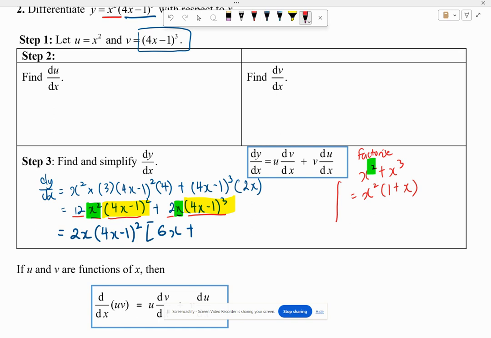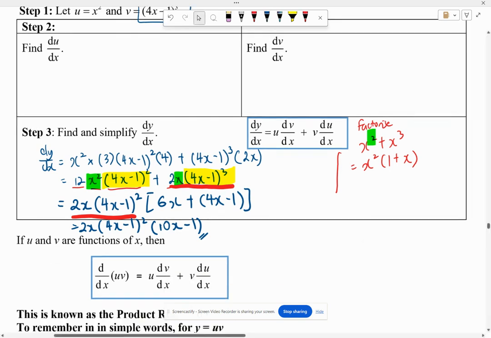Right, I'll take this one, divide by this one, and over here inside it will be 4x minus 1. Simplify inside the square brackets, we will get this as the final answer.